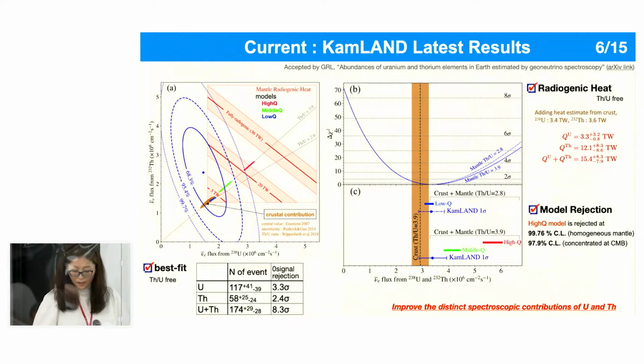So we rejected this high Q model at more than 99.76% if we assume a homogeneous mantle, and at 97.9% confidence level if the heat sources are concentrated at the CMB region. This kind of improvement allowed us to do distinct spectroscopic measurement of the uranium and thorium contributions. So this is the situation.